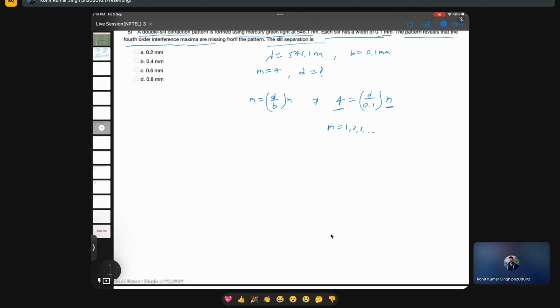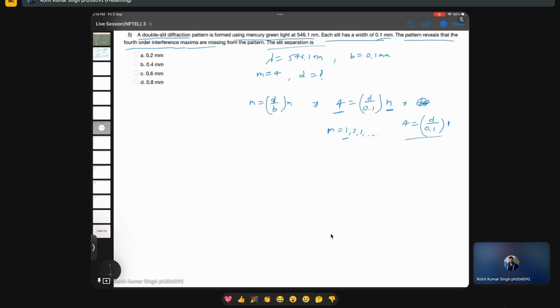Now if n equal to 1, let's put n equal to 1, what do you get? Let's write this equation. So d by 0.1 into 1. Okay. This equation is satisfied, right? Yes, sir. Yeah, but let's see for n equal to 2.